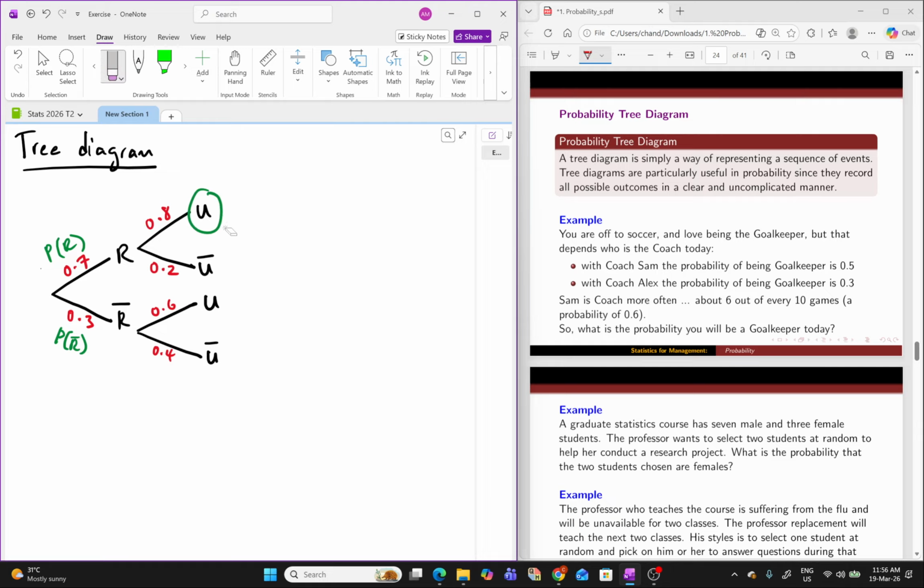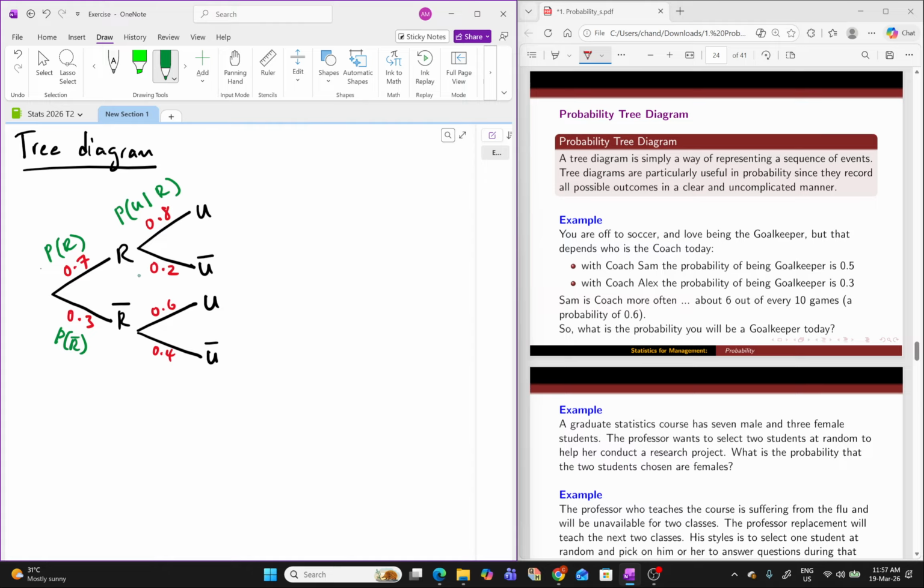It's not the probability of U. The second branch is not directly for U. The notation for 0.8 is: given it is raining, the probability of U is 0.8.